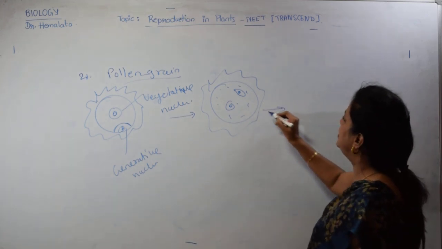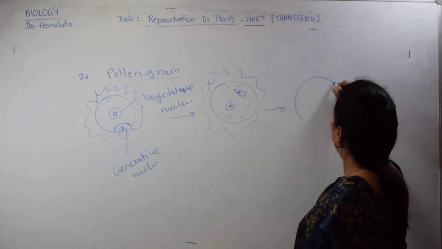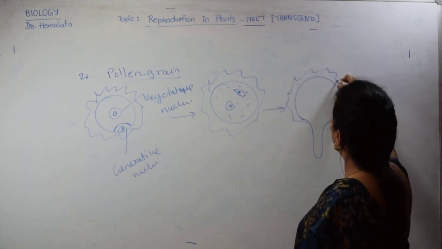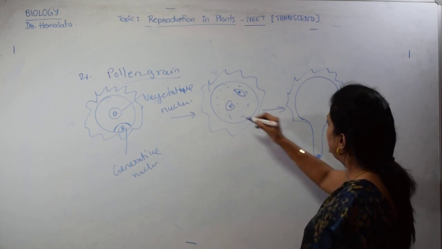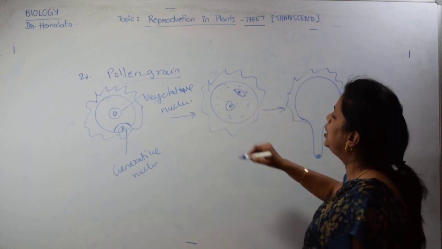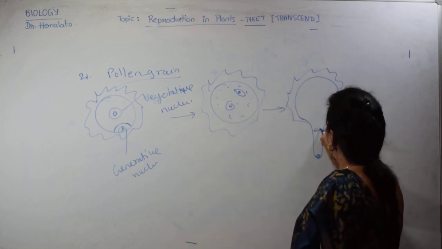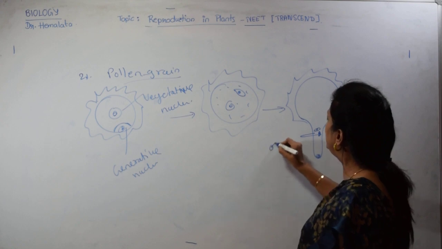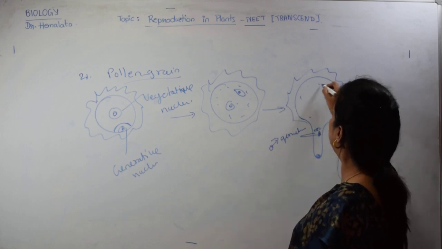Now, the next stage is that this generative cell divides into two when the pollen tube is formed. During this, the first one that goes inside is the vegetative nucleus or vegetative cell. Here the generative cell will divide into two male gametic nuclei. These are the male gametes, and this is the cytoplasm.